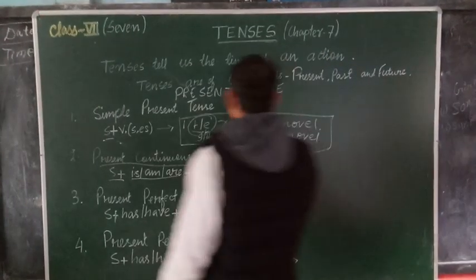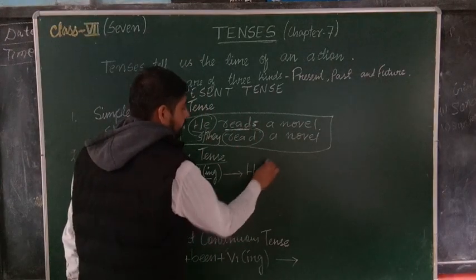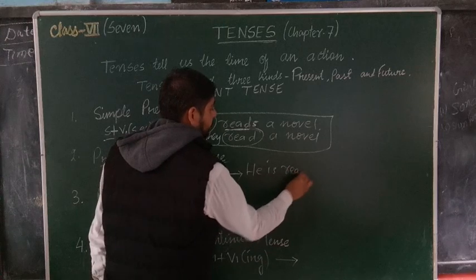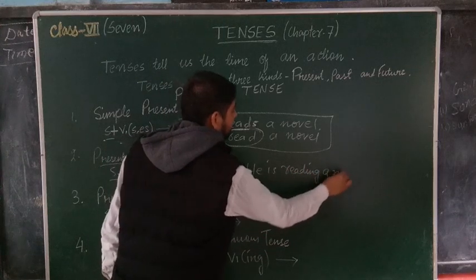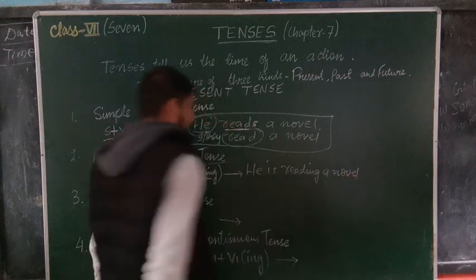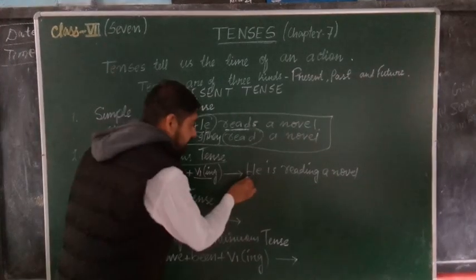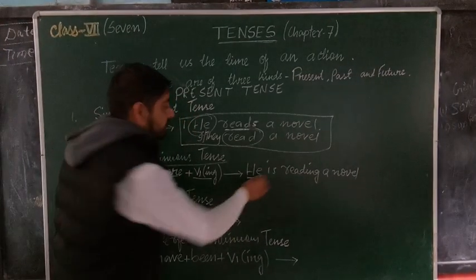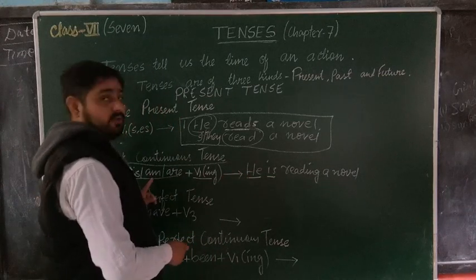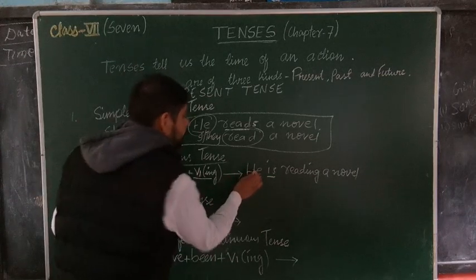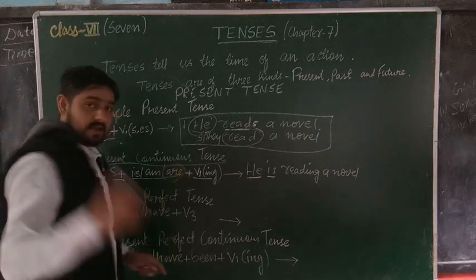Suppose I write the same sentence here: he is reading a novel. If the subject is singular, then is will come. If the subject is I, then am will come. If the subject is plural, then you will write are.